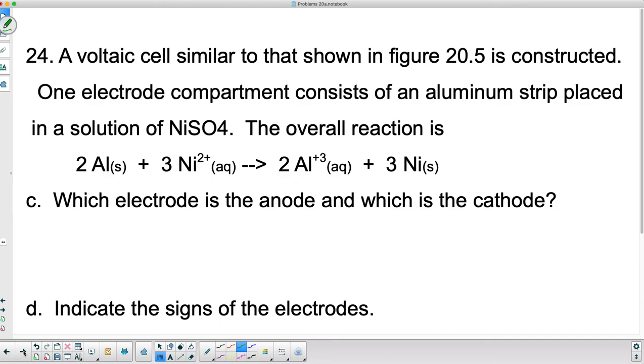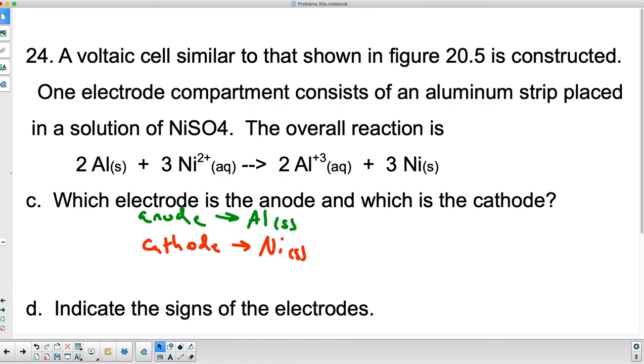So it's asking for which metal. The electrode, the anode, would be the aluminum metal. Sorry about that, I got confused. I'm not sure what the problem was. I think I screwed that up from typing it out from the book. So the cathode would of course be the nickel. I'm not sure why that's a separate question, but okay.